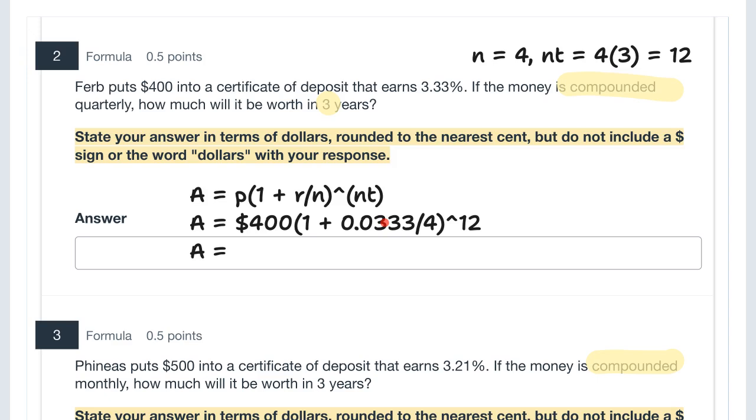So A is going to be 441.8414, and this keeps going. And since that is money, we round that to the nearest cent, 441.84.